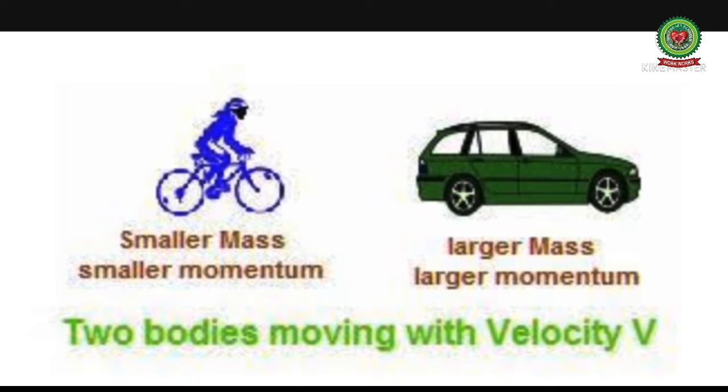We have used the concept here P equal to m into v. When v is constant, then momentum is directly proportional to mass. Smaller the mass, smaller will be the momentum. Larger the mass, larger will be the momentum. I hope children you have understood this concept of momentum.